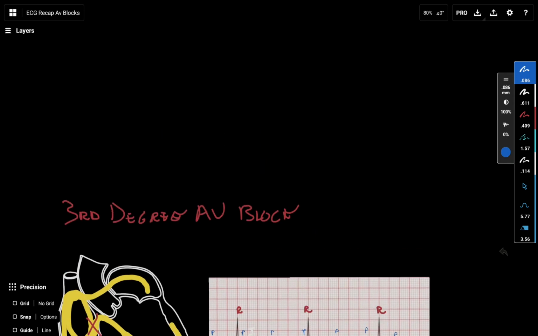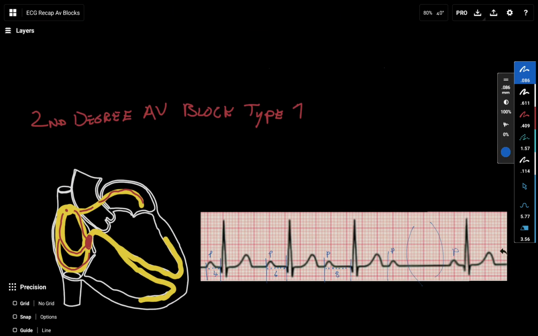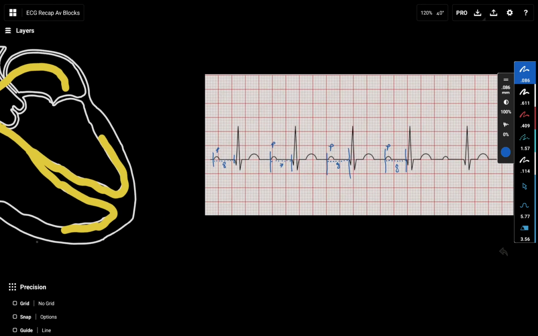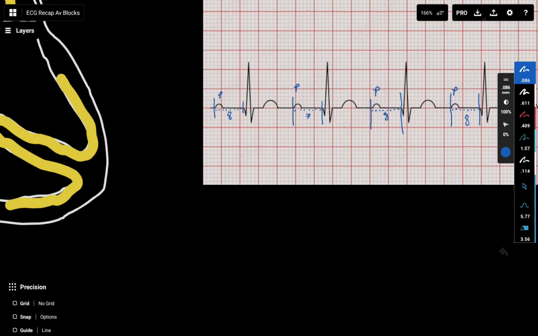So in summary, in your first degree AV block, your PR interval is simply elongated. So it's going to be always more than 200 milliseconds or 5 small squares.